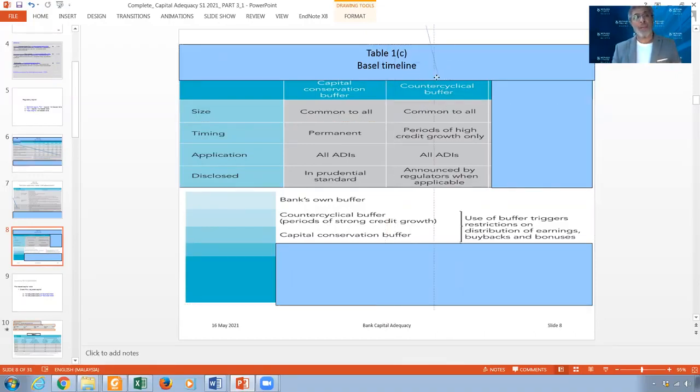But this one, only regulators have the right to ask the financial institutions to hold it during high volatility, in those economic cycles where there is too much risk in the market and the regulators have concern about the safety and the stability of the financial system.